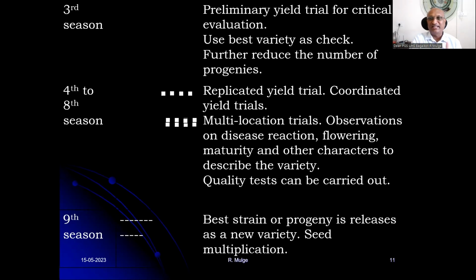If anything is better than the existing variety, only then is it meaningful. Otherwise, use the best variety as check. Further reduce the number of progenies. If you have more than 100, I have to reduce it, keeping of course all those which are above the check variety. Then the 4th to 8th season, there is replicated yield trial, RYT.